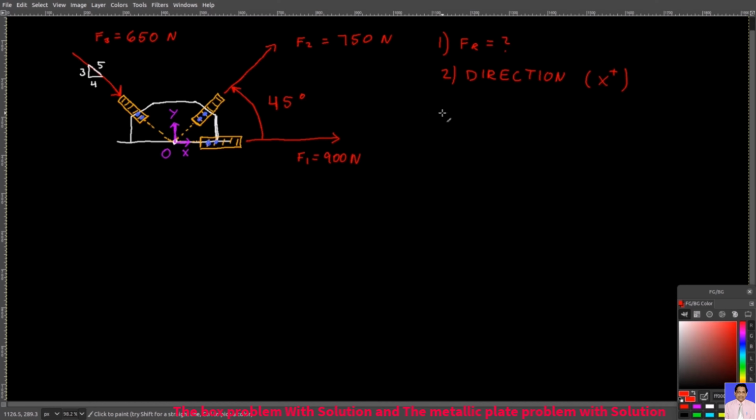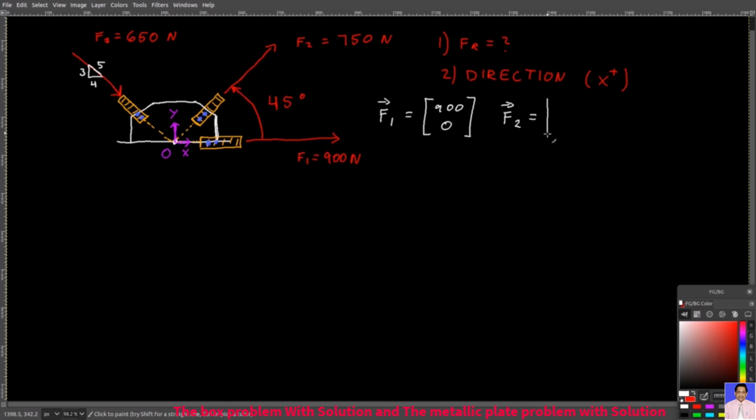Thank you very much. Welcome back. So let's solve this plate exercise now. In order to find the resultant force, it's best to represent all your forces in the Cartesian format. So F1 equals, that's easy, that's 900 in the x direction and 0 newtons in the y direction.